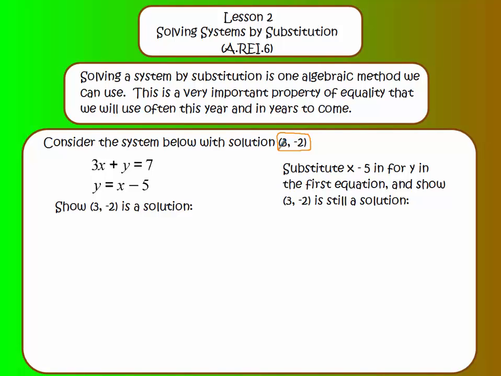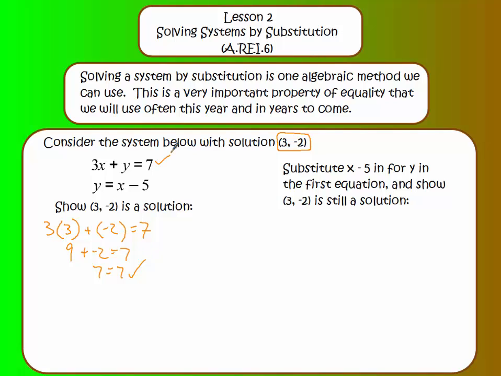Well, we've done this already. We are going to simply put in the x and the y values. So x is 3 and y is -2. I'm going to plug them into this equation, so that's going to tell me 9 plus a -2 equals 7, which means 7 equals 7, and that's true.